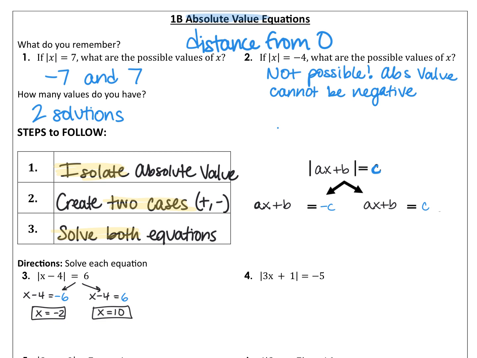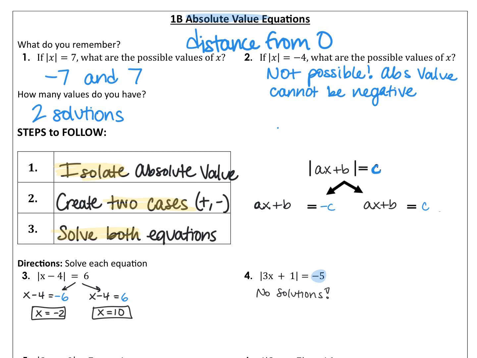You do have 2 answers because 2 numbers, both -6 and +6, have a distance away from 0 of 6. This next one is already isolated. Again, we're looking at this number, -5. What numbers have an absolute value, or distance from 0, of -5? Well, nothing. This is no solutions. Why?